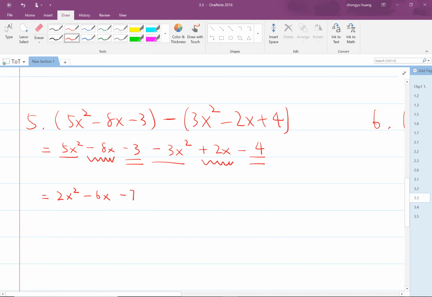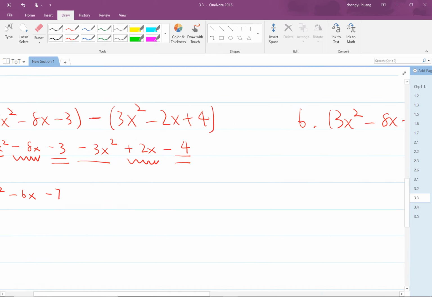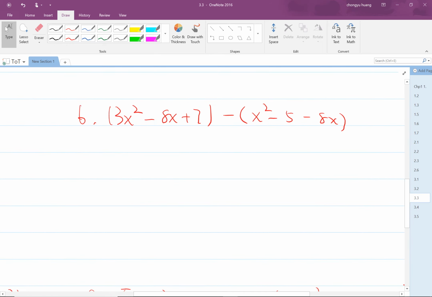Okay, see, this is the logic. Basically in this way, everything is going to be solved so easily, right? So now we actually solved question 5. Okay, so let's move into question 6.